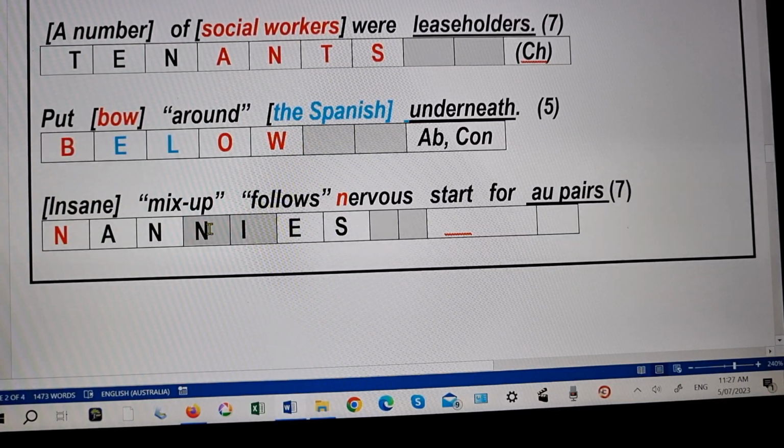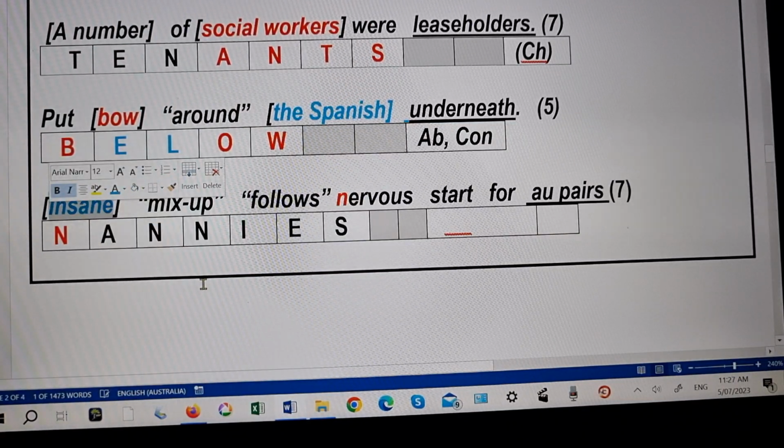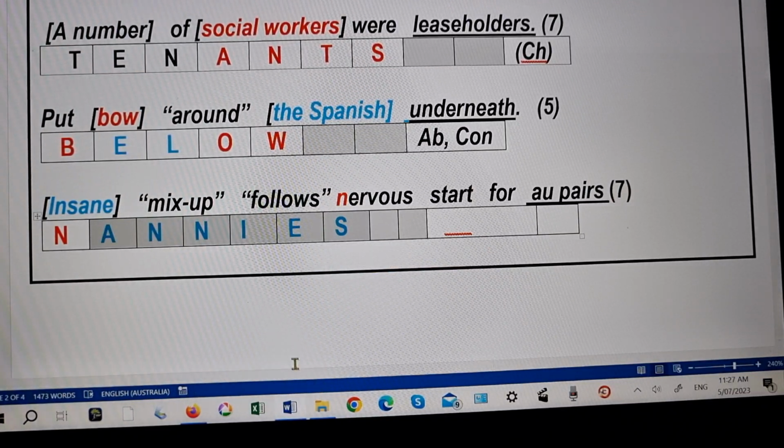I-N is S-A-N-E. There it is. That is insane mixed up. So all this part here is insane mixed up. And that's your anagram. Annie's is an anagram of insane, and it follows the nervous start, the start of nervous. There it is. That's an acronym, or a first, whichever you like to call it.